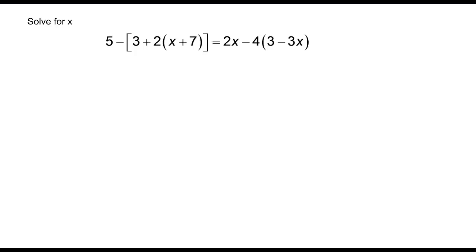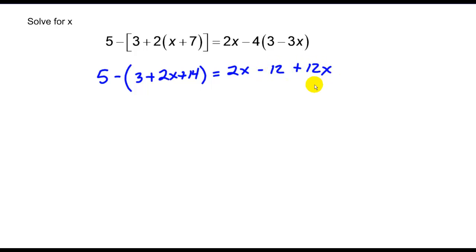So in this case, we have a number of different groupings. I like to work with the innermost grouping first, whenever possible. So I have 5 minus the quantity of 3 plus, I'll distribute this 2 through, 2x plus 14 is equal to 2x minus 12 plus 12x.